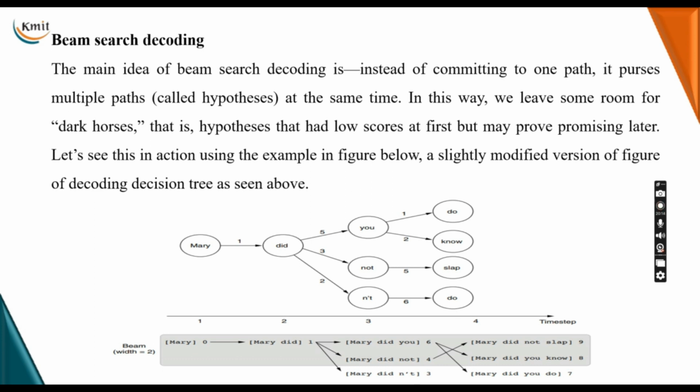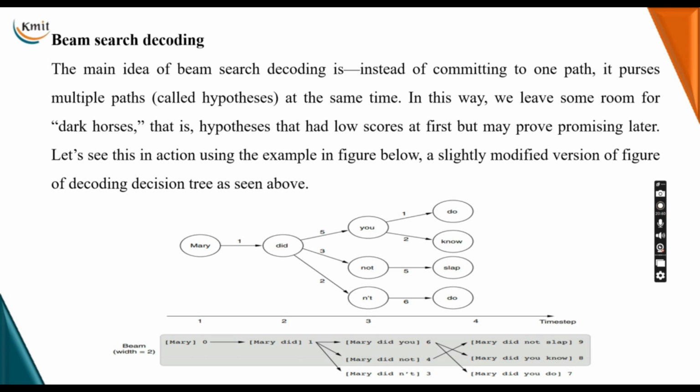The first one, Mary did you with the score of 6, will generate Mary did you know with 8 and another child. Whereas the second one, Mary did not with score 4, turns into Mary did not slap with score 9. These three hypotheses are sorted by their scores, and the best two will be returned as the result of the beam search decoding.